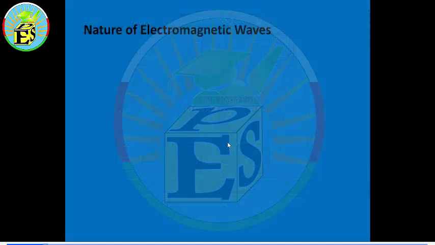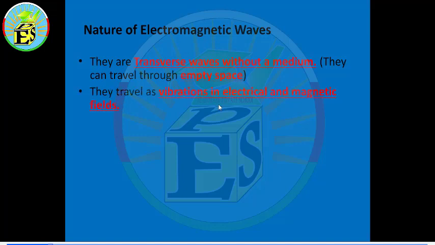Nature of electromagnetic waves: they are transverse waves. We said before, transverse wave means the vibration is perpendicular to the direction of propagation. They can travel through empty space, yes, because they consist of propagating electric and magnetic fields, not particles.